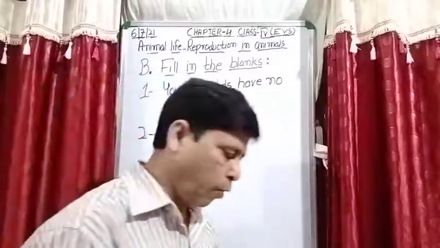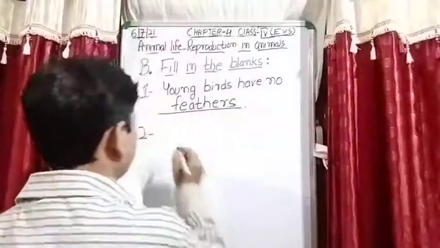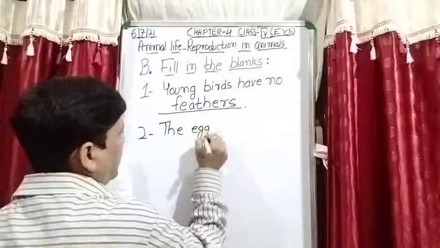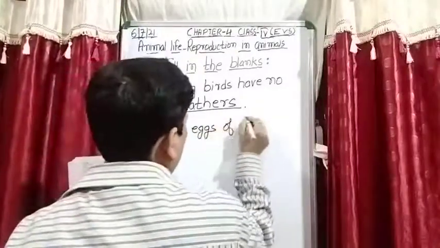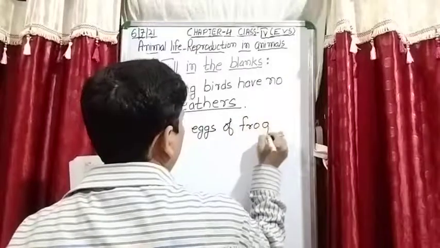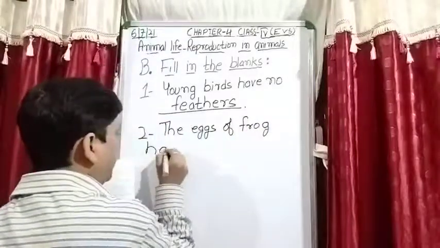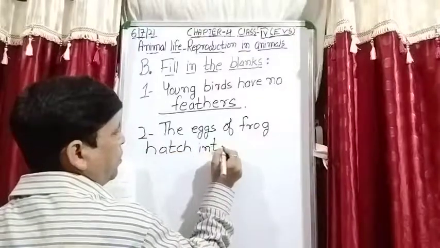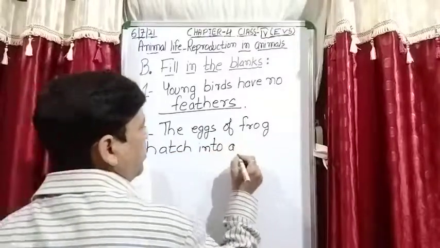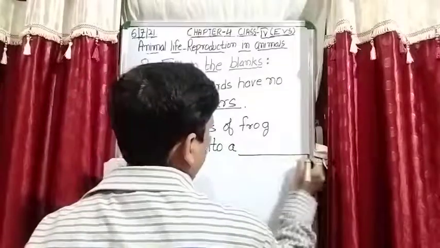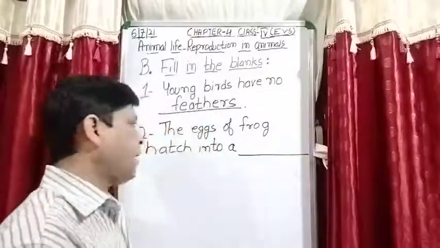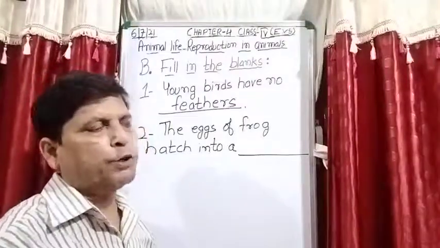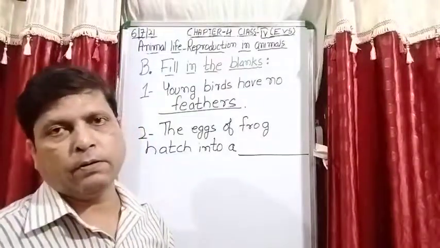Second, the eggs of a frog hatch into a dash. So the egg of a frog hatches into a, it means the young one of the frog which comes out from the egg.